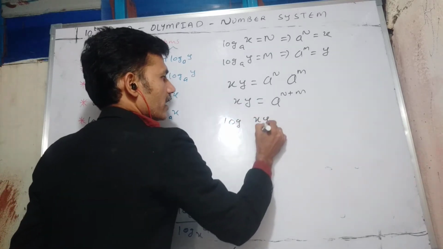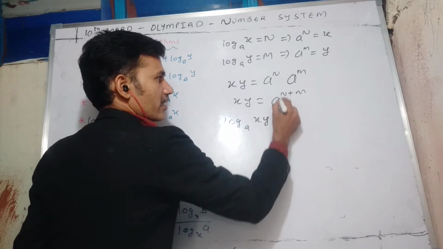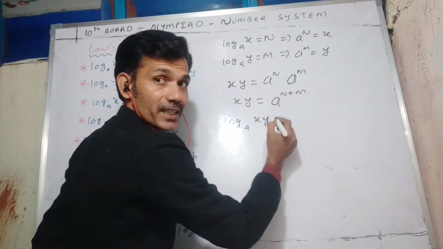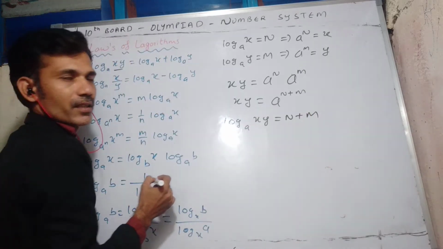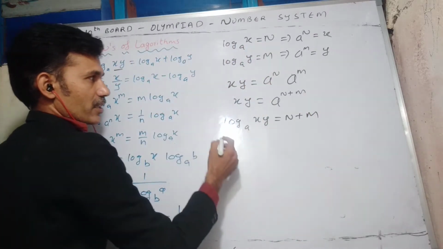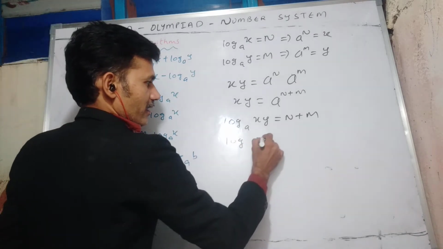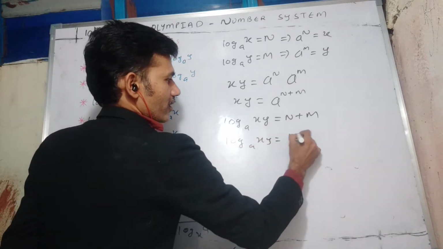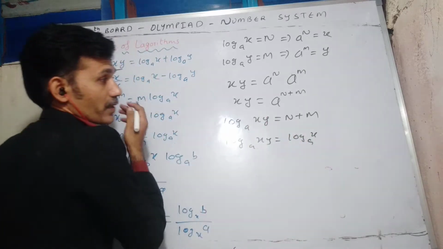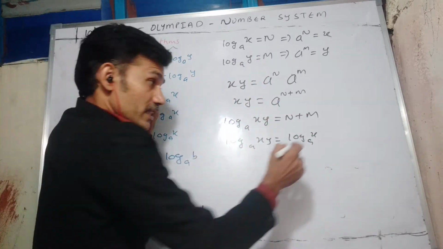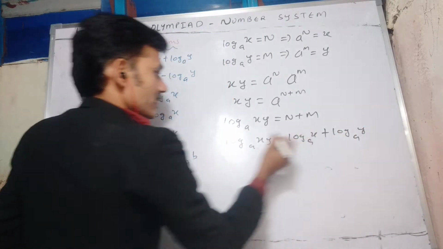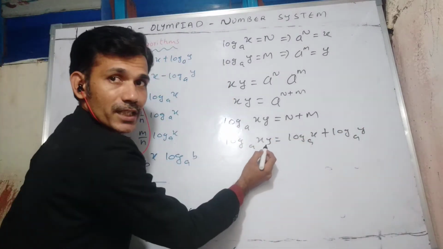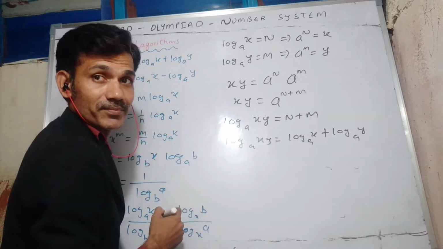Log xy base a is nothing but that exponent. What the exponent we are having? N plus m. Now n you can replace with log x base a, and m we can replace with log y. So here see, log x times y is nothing but log x plus log y.